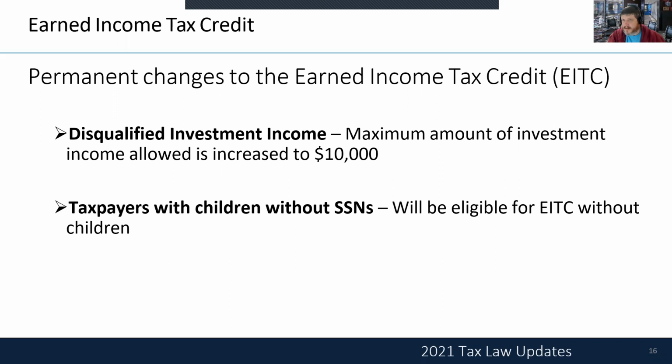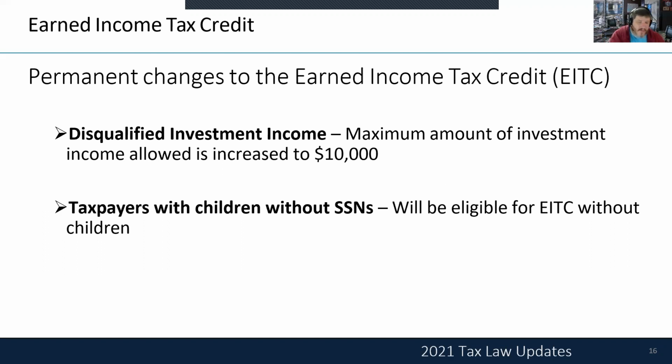Can you repeat it again? Yes, please. Okay. So if the taxpayer has a social security number and their dependents, let's say they have one dependent, and their one dependent has an ITIN. Previously, that disqualified them from EIC completely. They couldn't get it at all. Now what the rule says is that the taxpayer can qualify for EIC like they are a person who qualifies for EIC without children.